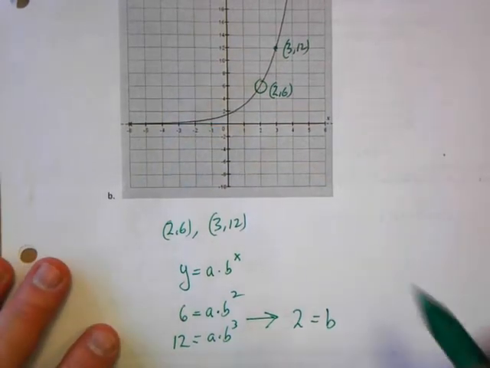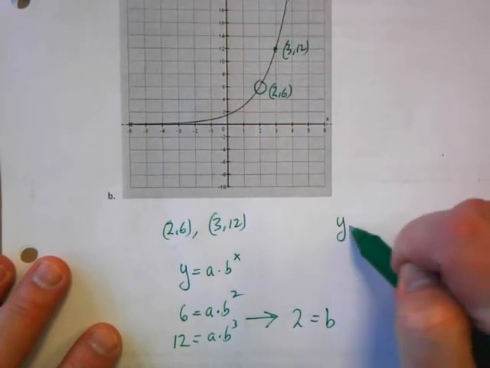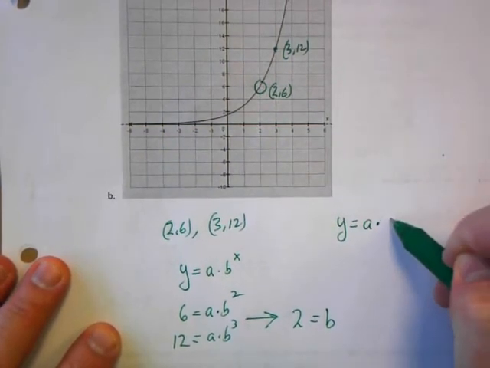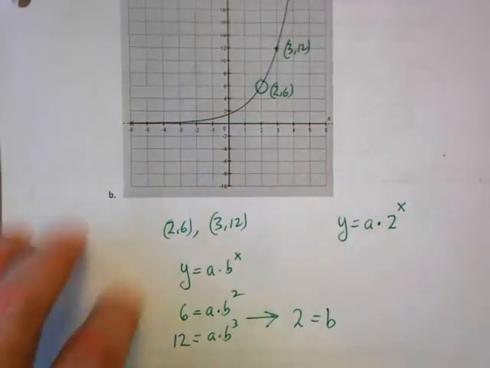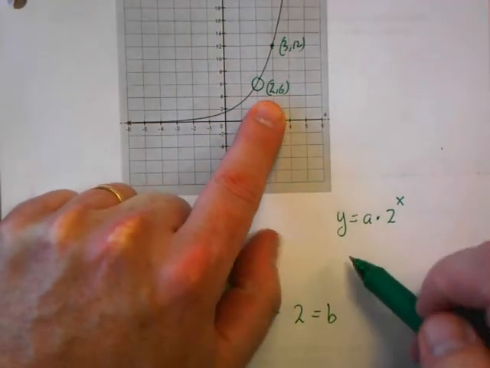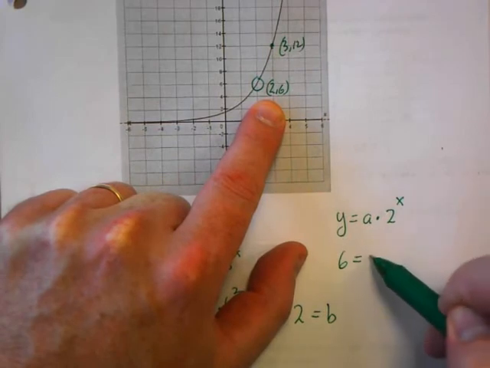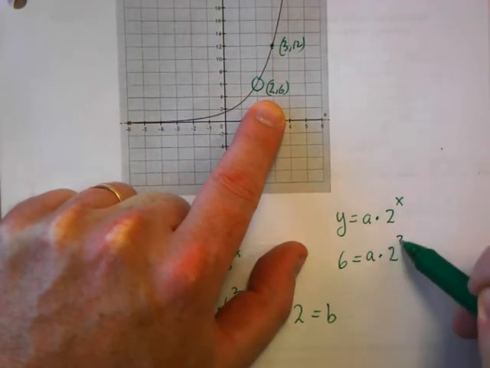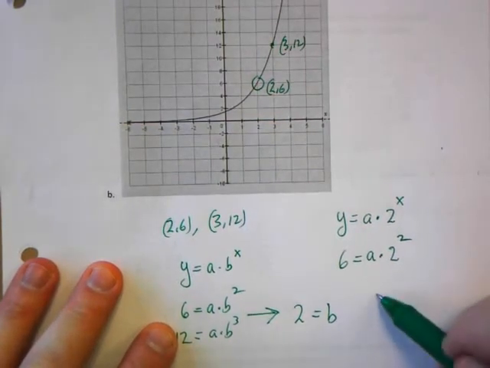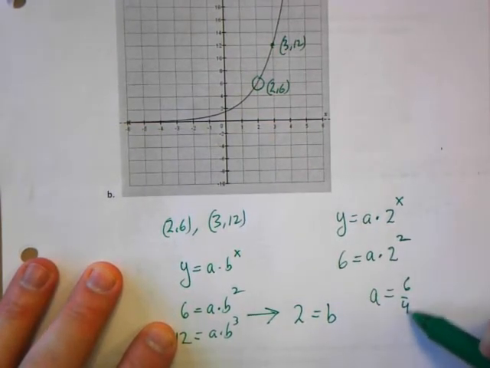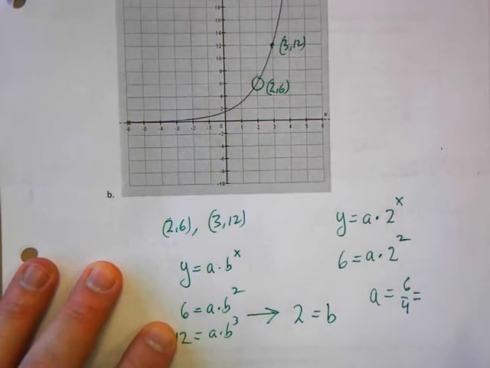How do we find a now? Plug in one of the points. So we have y equals a times 2 to the x. I'll plug in the first one, I guess. 6 equals a times 2 squared. A is 6 over 4, which is 3 halves.